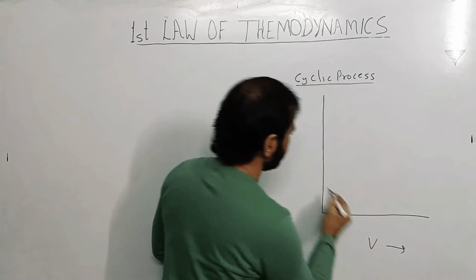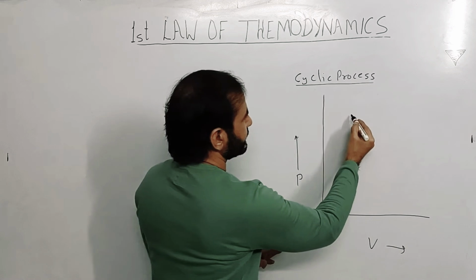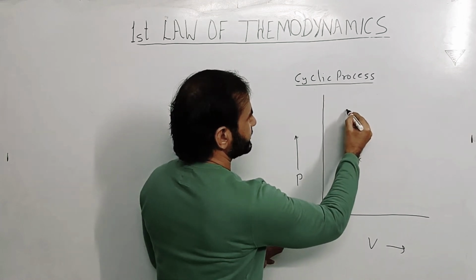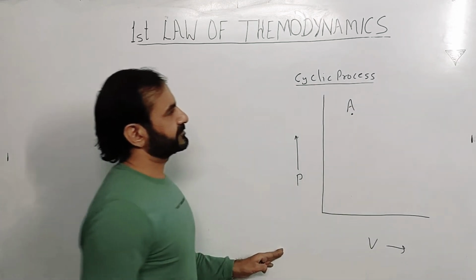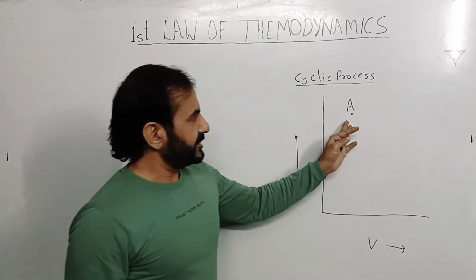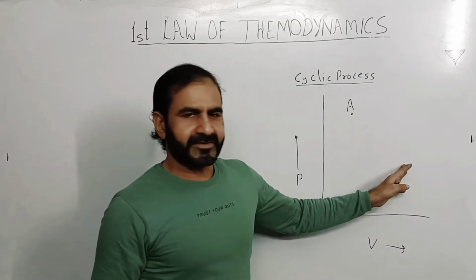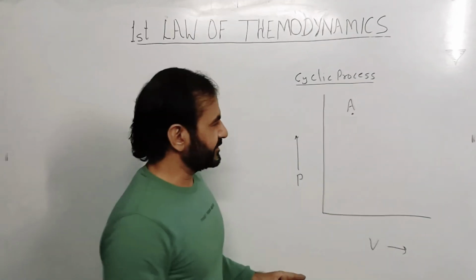This is V and this direction is P, pressure. Suppose a thermodynamic system is in state A. If this system occupies a different volume at a different pressure and temperature, then its thermodynamic state is different.